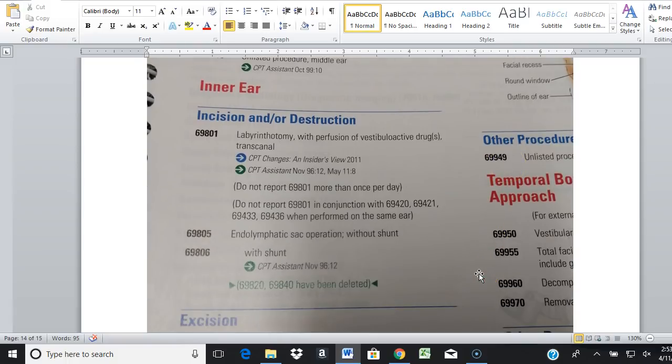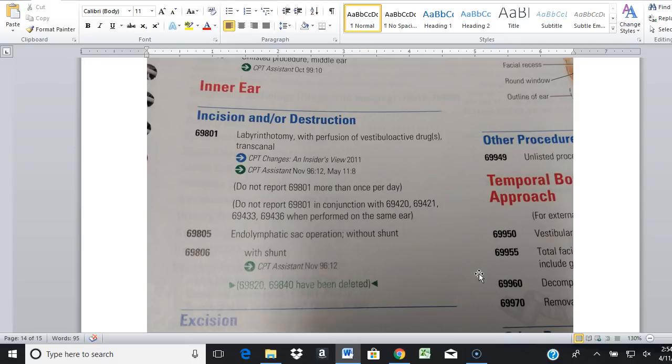And then we get to the inner ear. So when we get to the inner ear, again, we have to be careful because we want to make sure that we are in the exact right place. So we are going to be talking about the oval window. We're going to be talking about the mastoid area.